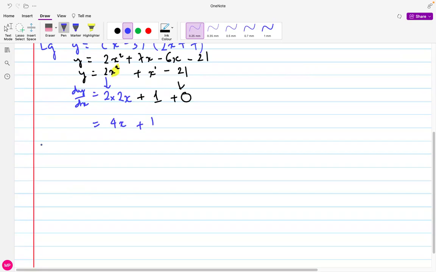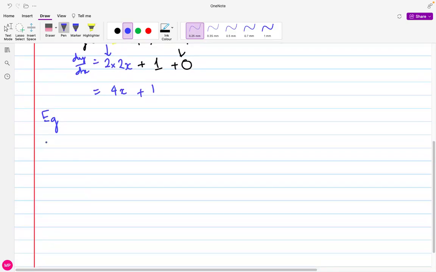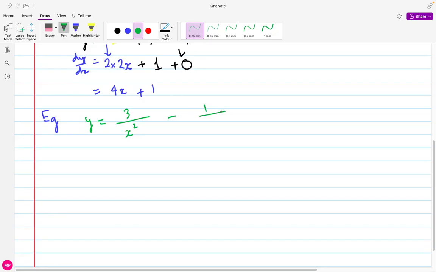Now, what if we have to derive something with fractions, negative fractional powers, or sometimes you could have a cube root of something. Now, let's say you want to derive, let's say y equals 3 on x squared, something like that, minus 1 on square root of x, right?